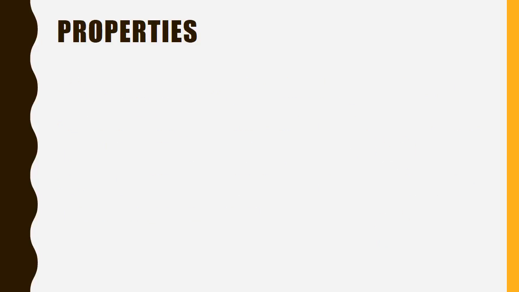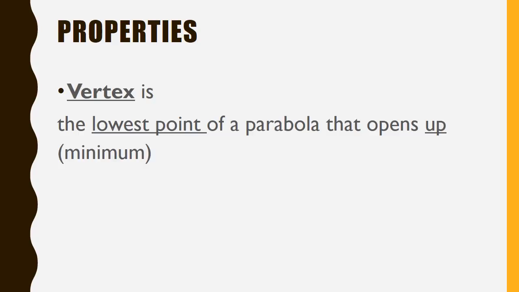Now let's talk about the properties of quadratic equations, or quadratics in general. The first thing we're going to talk about is the vertex. And the vertex is the lowest point of the parabola when the parabola opens up.